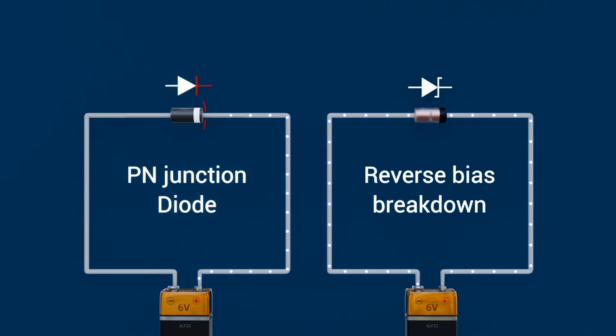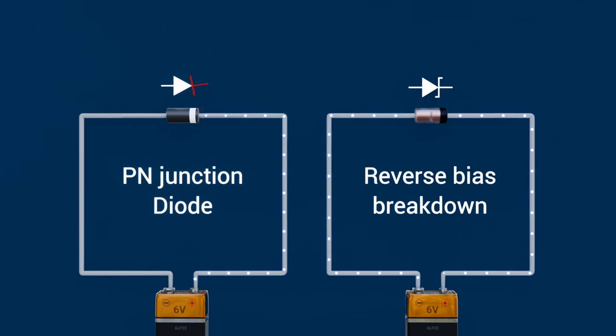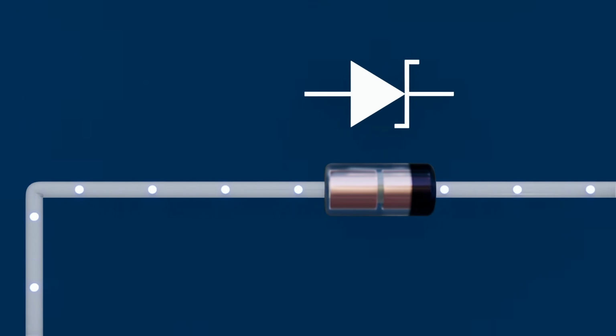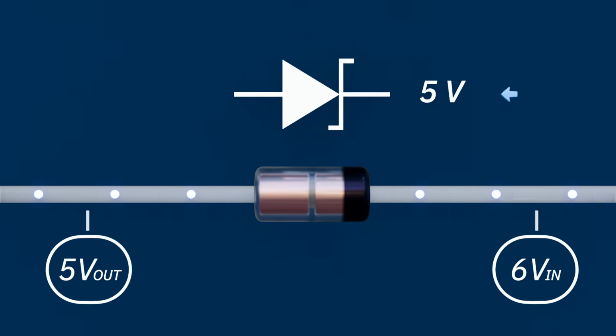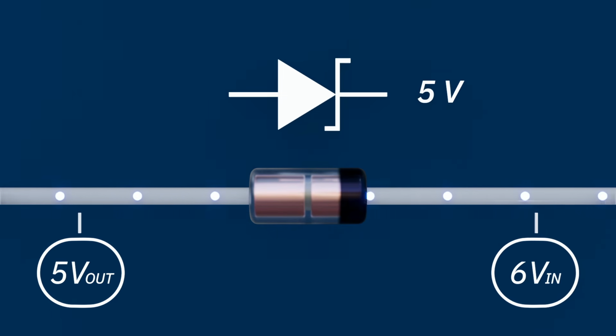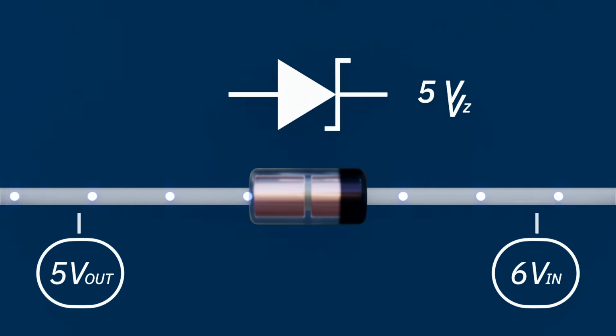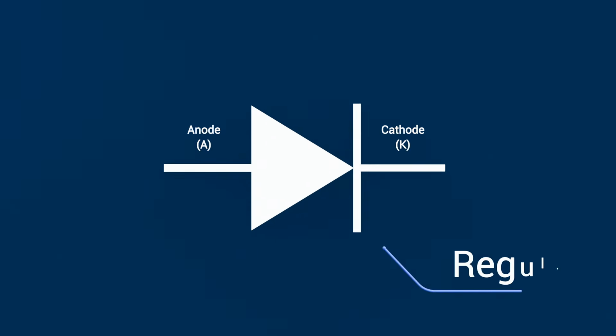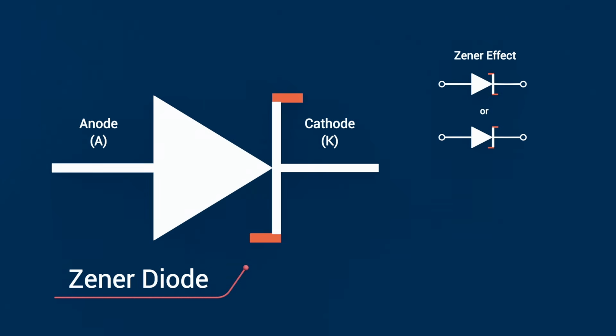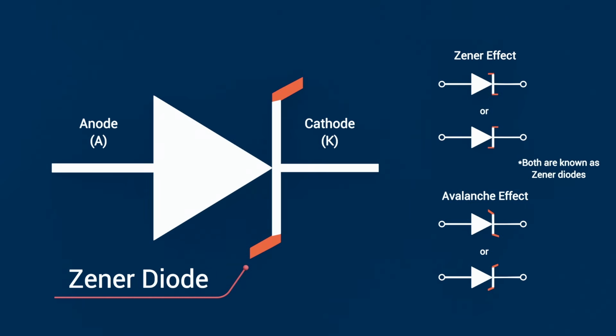A normal diode is meant to block reverse voltage, but a Zener diode is designed to break down at a specific reverse voltage and hold that voltage nearly constant. That specific voltage is called the Zener voltage, and it's usually written as VZ. On schematics, a Zener diode looks like a regular diode, except the cathode line is kinked or angled, showing it's designed to regulate voltage in reverse bias.